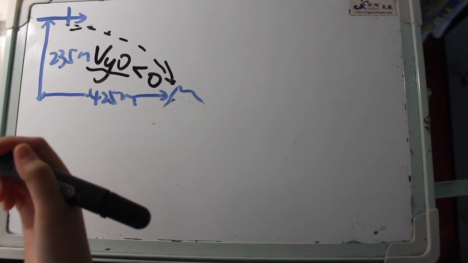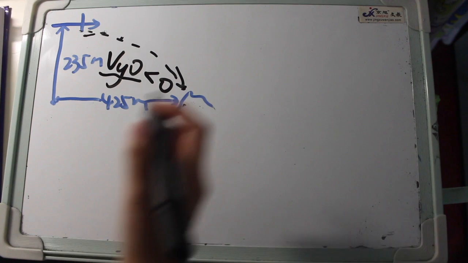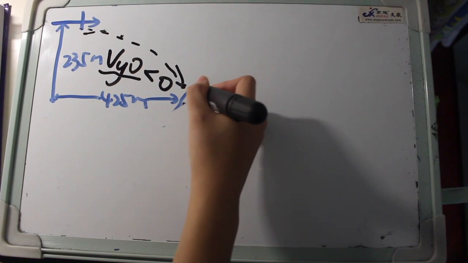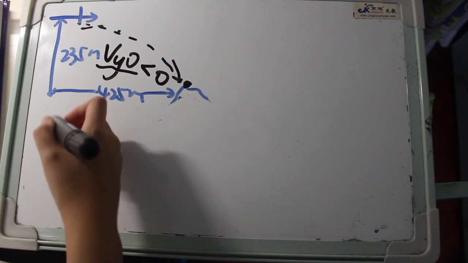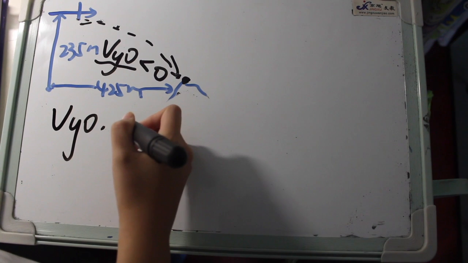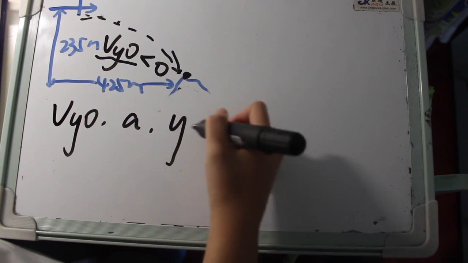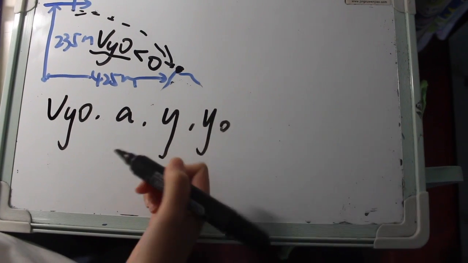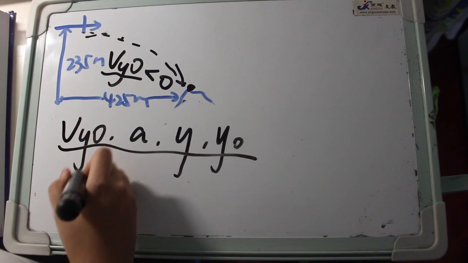In question C, we are asked with what speed the supplies land at the mountain. Figure out what we know. We know Vy0, we know A, we know Y, Y0. So we can use this formula.